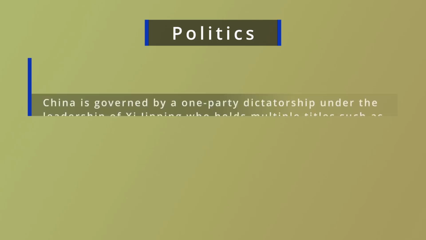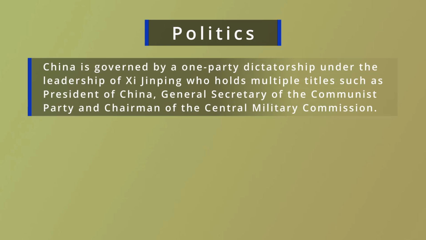Now we come to the politics. There is a huge, significant difference between India and China in respect of the political scenario. China has a single party system, the Chinese Communist Party, and China is governed by a one-party dictatorship under the leadership of Xi Jinping, who holds multiple titles such as President of China, General Secretary of the Communist Party, and Chairman of the Central Military Commission.